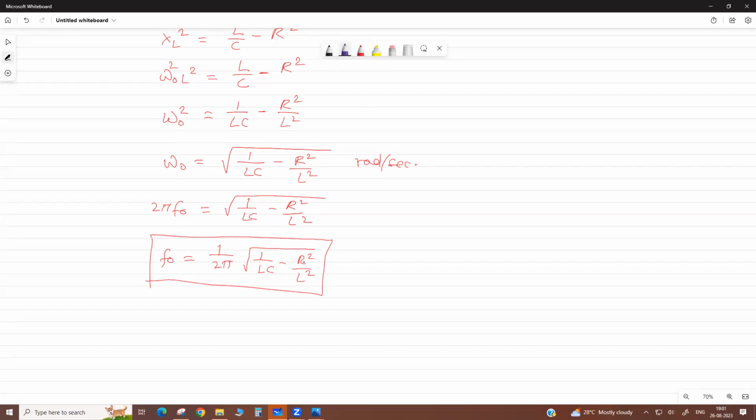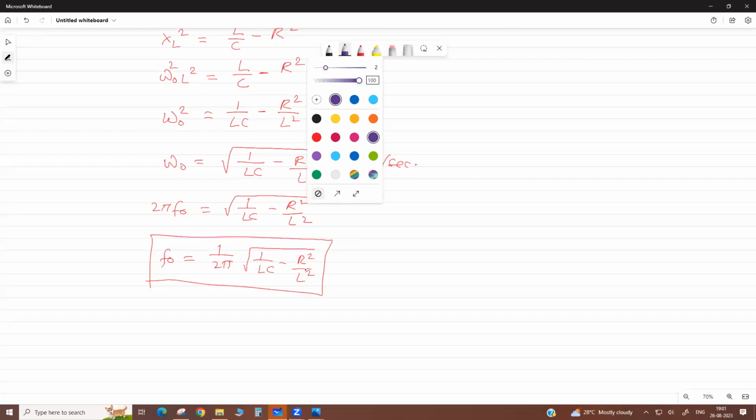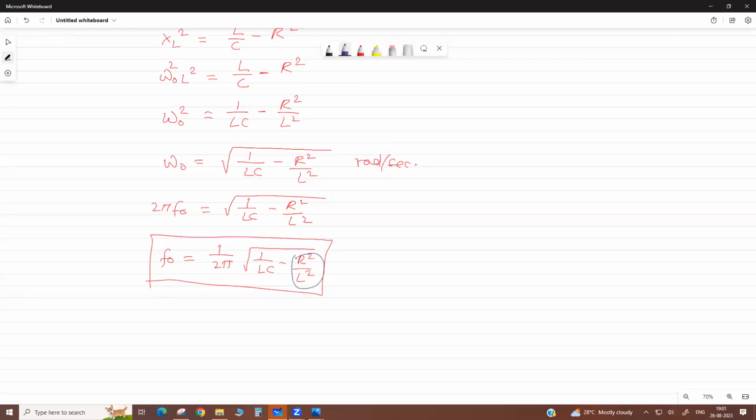Actually here these values are also given, na, R, L. You can put all the values to calculate f naught. Now f naught is given. They are asking the value of C. Correct, na? Value of C for which the circuit is resonant. Now, for simplification, this ratio R square by L square portion is neglected, because this coil has a low resistance as compared to inductance.